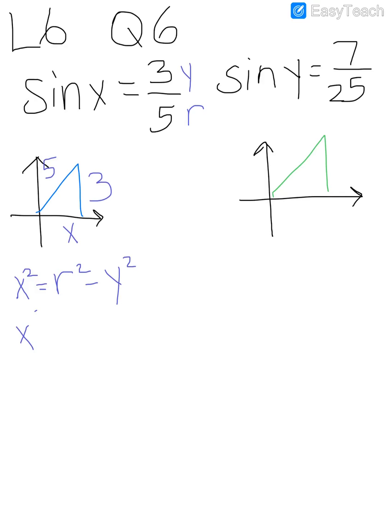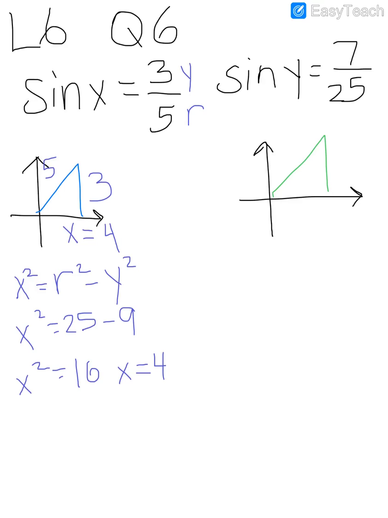So x squared is equal to r squared, which is 5. So 5 squared is 25, minus 3 squared is 9. X squared is equal to 25 minus 9 is 16. When I square root both sides, I would get x is equal to plus or minus 4, but because I'm in quadrant 1, x is going to be equal to 4.